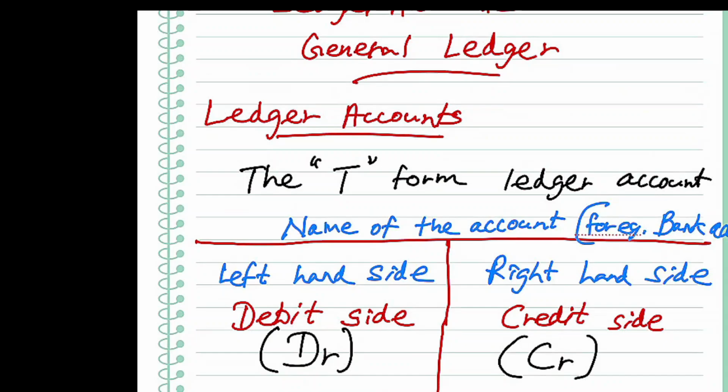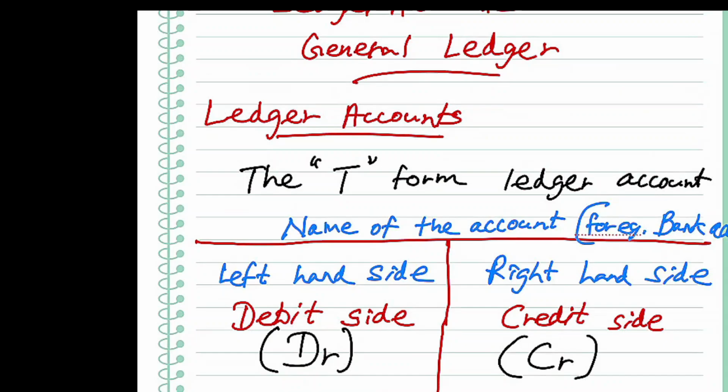We call it a T form account. So if they are asking you to draw a ledger account, this is what we can simply draw. This one has mainly two sides. Two sides.